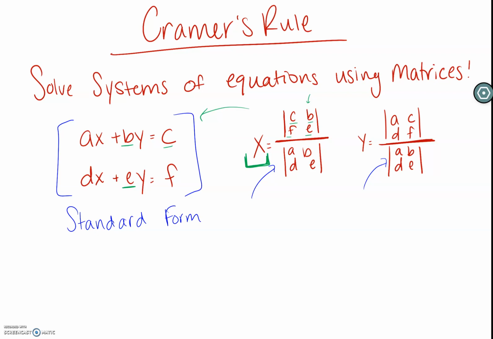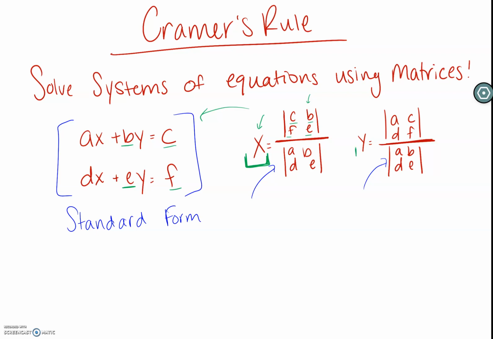And we also have C and F. Notice that we don't have the coefficients of the x, which makes sense because that is what we are finding. Our x is already taken up over here, so we don't need to add in the coefficients of the x variable. Let's see if that remains true for the y.